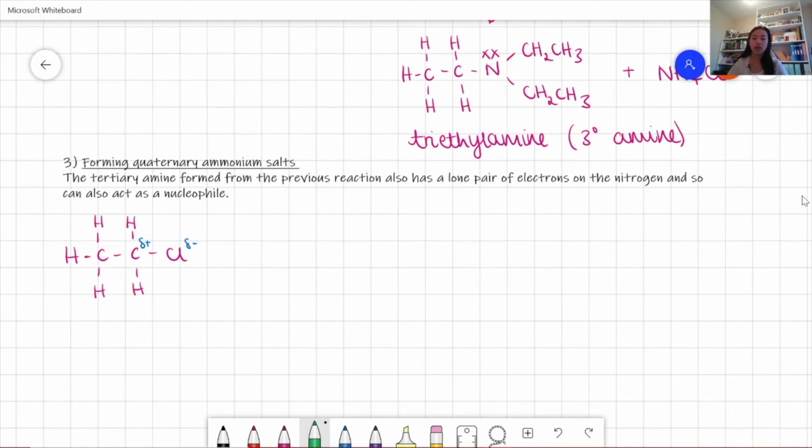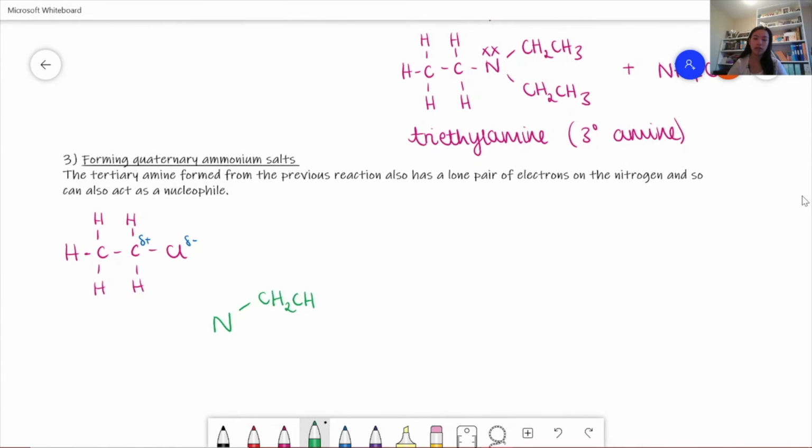So we've got nitrogen with 3 ethyl groups on it, because it's a tertiary amine. And then the lone pair of electrons, and again, they target this electron deficient carbon. And then these electrons from this covalent bond feel some repulsion and move towards the chlorine.